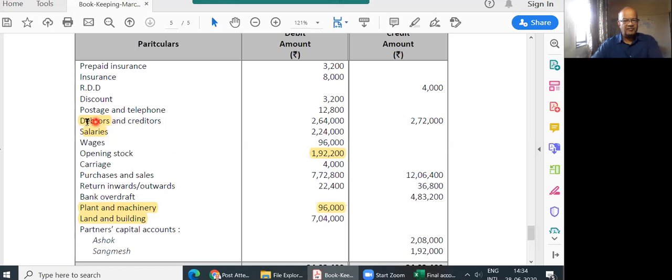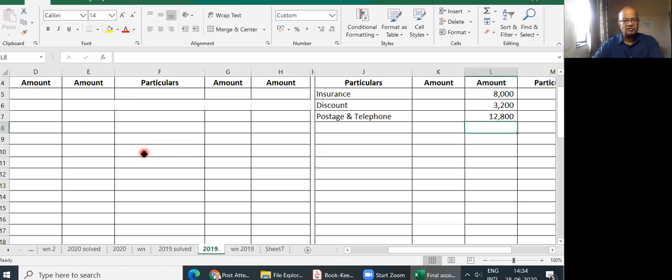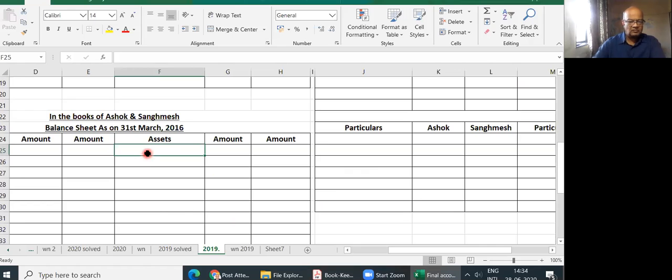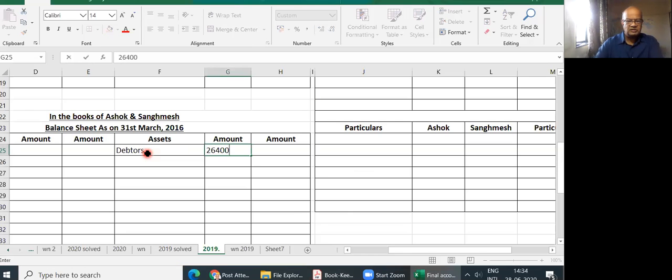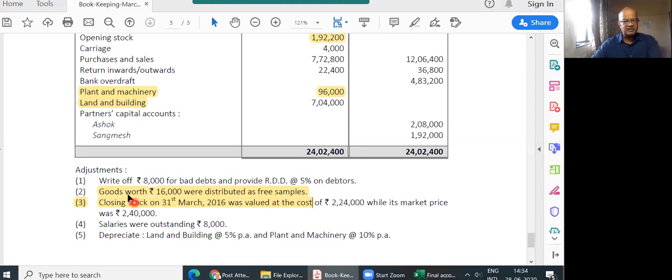Debtors. We have marked it, so we will write it in the inner column. It is 2,64,000. Now let us see the adjustment.